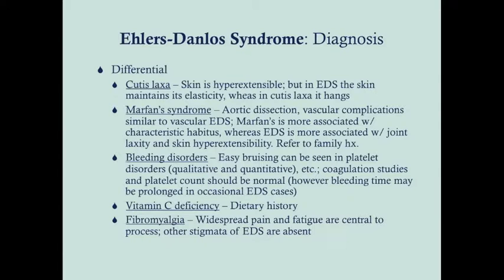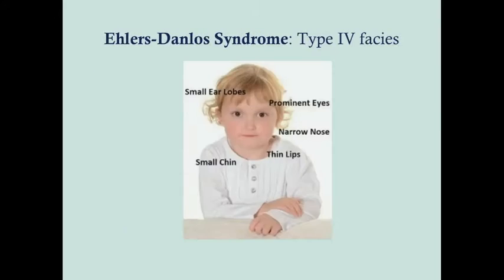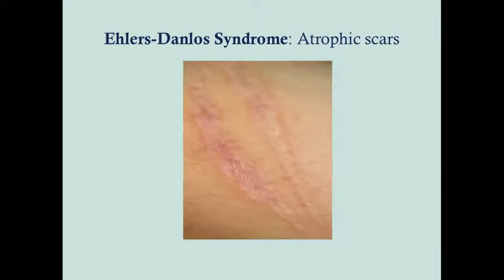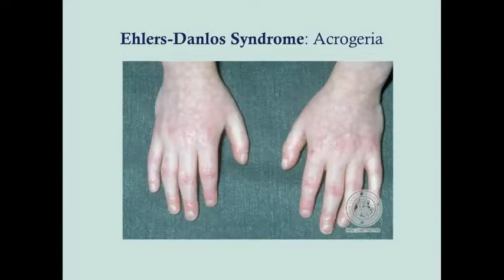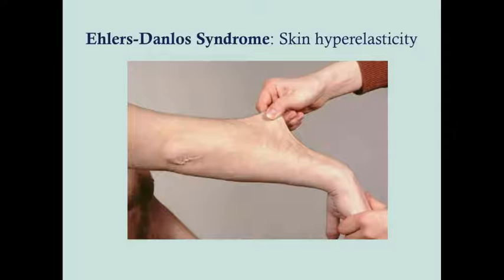The differential for EDS includes cutis laxa. So cutis laxa is sort of where you have the sagging skin, which can look like hyperextensible skin, but in cutis laxa, the skin is just saggy. It's hyperextensible, but the difference is in EDS, the skin maintains its elasticity. So when you pull the skin down in EDS, let's go back to that picture. Way back. Okay, so here.